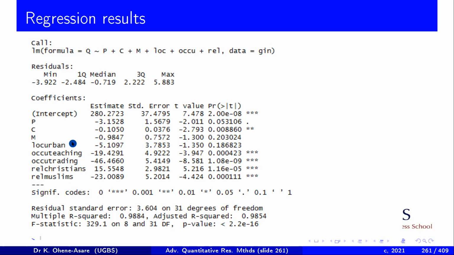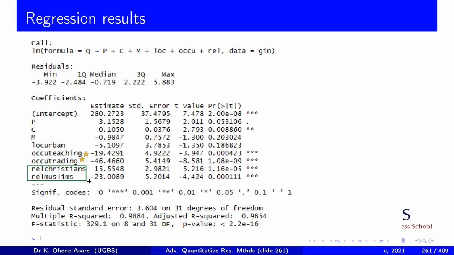Let me just talk about these two: teaching and then trading. And the reference category is what? You must remember that that is fishing. You must have that at the back of the mind. Now, what I'm going to interpret now is religion.